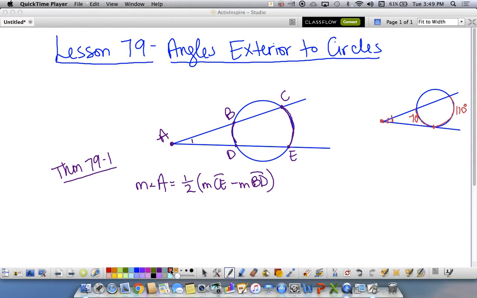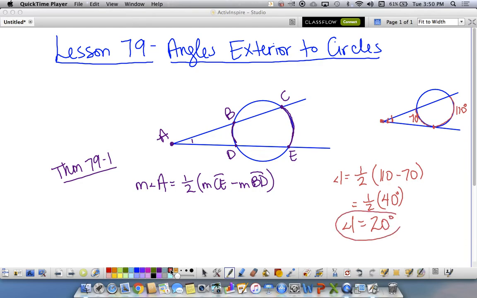We plug it into this formula. Angle 1 equals half of 110 minus 70. Well, what's 110 minus 70? I gotta think about that. It's 40 degrees. What's half of 40 degrees? Angle 1 is 20 degrees. That angle right there would be 20 degrees.